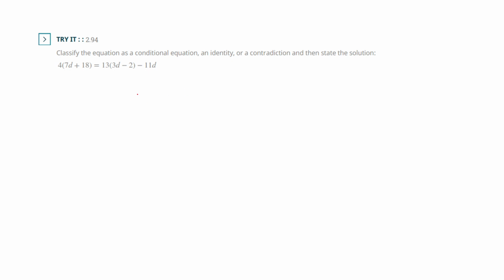Okay, pause it if you want to try. We're going to do another one here, see what we get. 39d minus 26. Okay, my handwriting is always bad, but it really let me down on this one.